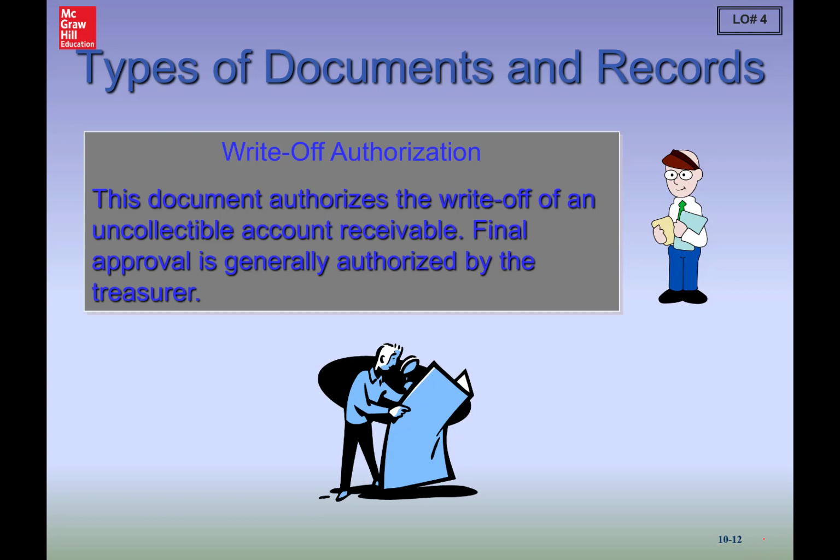Now supposedly our customer comes to us and says, I can't pay you. Why? I put all my money on the Warriors and they lost. The client's customer can't pay. So what's going to happen? Good. Debit the allowance, credit the accounts receivable.